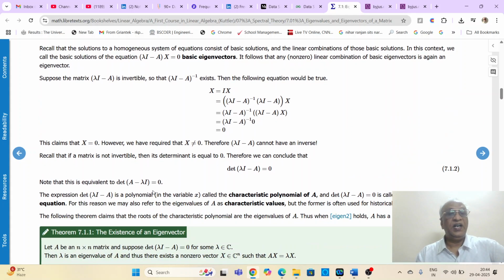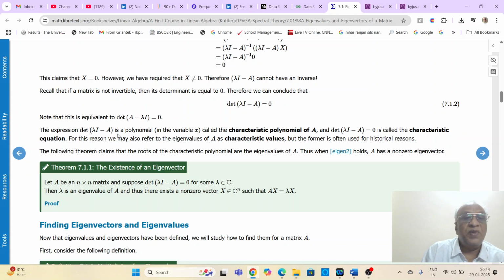So it means what? X is equal to 0, but we want X to be non-zero. Therefore lambda I minus A cannot have an inverse. If it has no inverse, then its determinant value will be equal to 0. That's why the determinant of lambda I minus A equals 0.